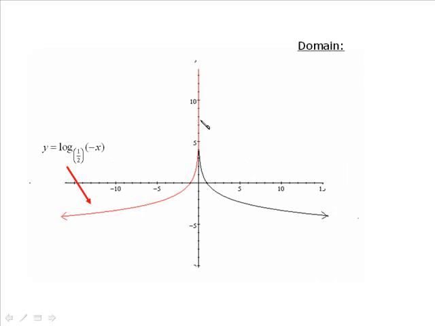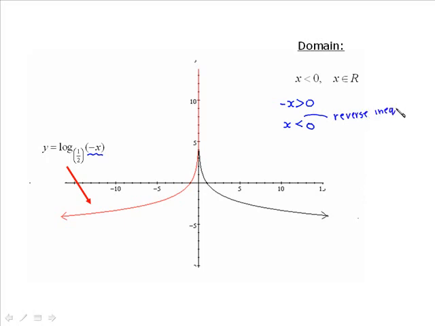Interestingly, with your domain, by inspection, you can probably identify this as being x is less than 0, x ∈ R. This could also be found algebraically if you wanted by setting negative x greater than 0, just setting whatever you have there greater than 0. And remember, when you divide by a negative, that has the effect of reversing the inequality.